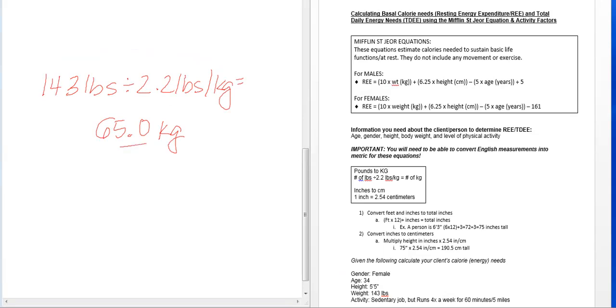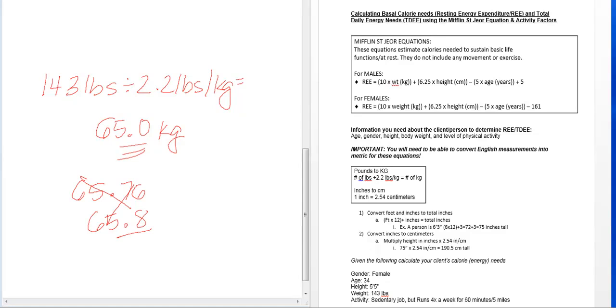Now, I say that 0.0 because if you get 65.45 or 46, you will want to keep and round to one decimal, to the tenths. So, for example, if she was 65.76 kilograms, you would round to 65.8. Why? Because that 0.8 kilograms is important enough to include. So, lucky for us, she's just 65 even, so that's what we're going to use.